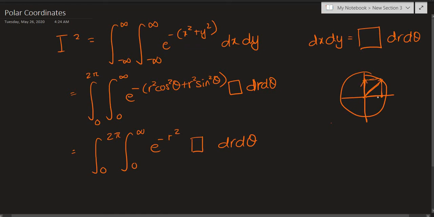So we basically used that assumption, and because of that we had to resort to using polar coordinates. That's why we reduced everything to e raised to negative r squared, because cosine squared theta plus sine squared theta, by satisfying the Pythagoras theorem, just became 1. So that's why polar coordinates was a really useful thing over here.